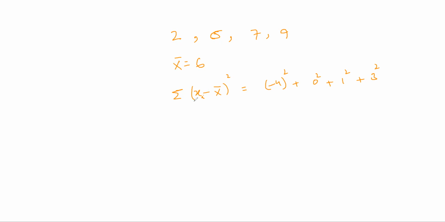That will be your sigma x minus mean whole square, the deviation square, the sum of the squares. This is called the sum of the squares of the deviations. Okay, now if you look at this, your sigma x over here is 24. And what is your sigma x square, guys? Can someone tell me what is sigma x square?